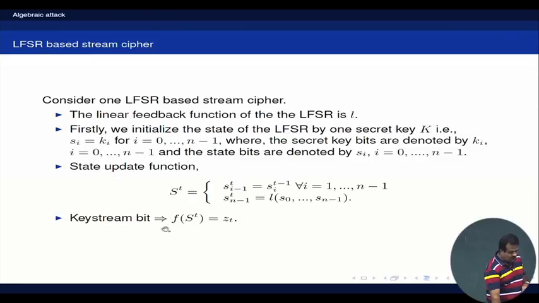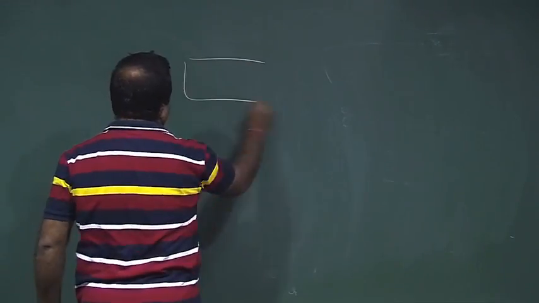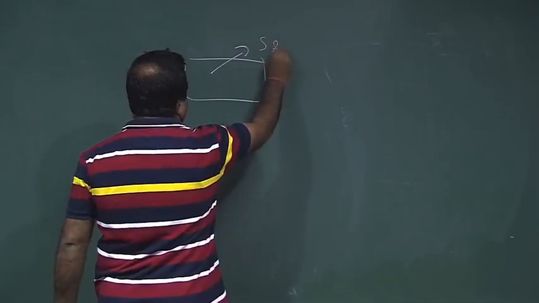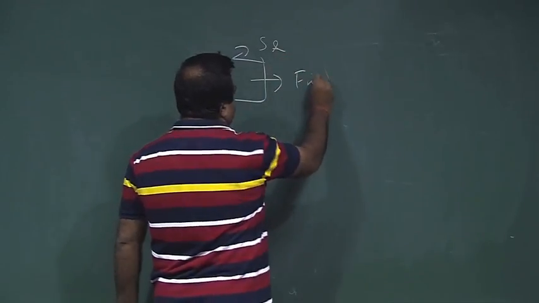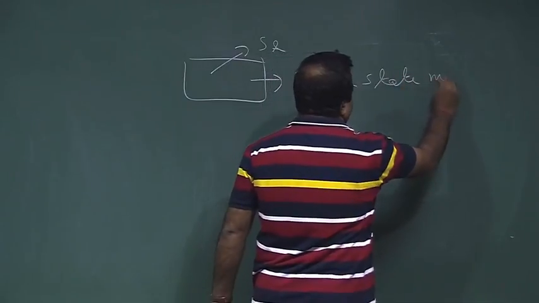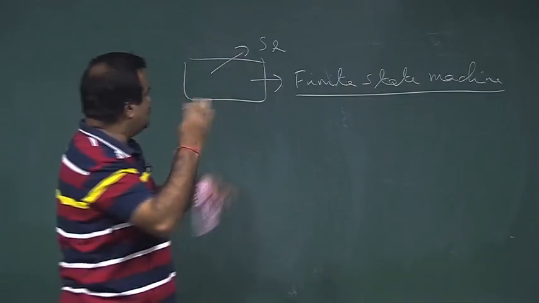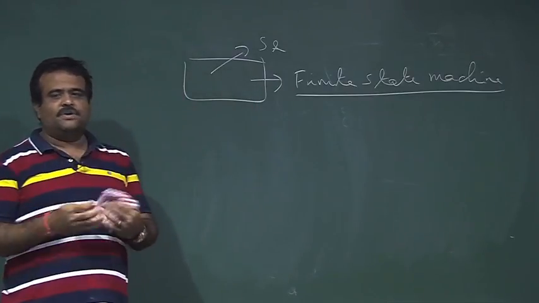Okay, so the xt is basically, we take a state. So basically what we have, this is St, this is the finite state machine. It could be an LFSR, or it could be a collection of LFSRs, then we have an f, it could be anything.